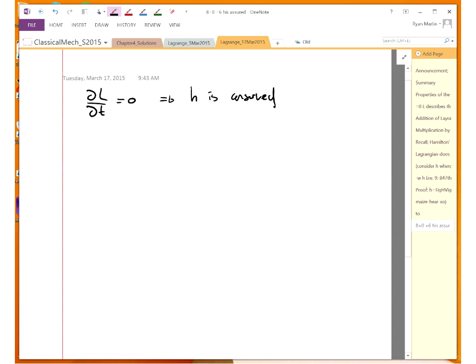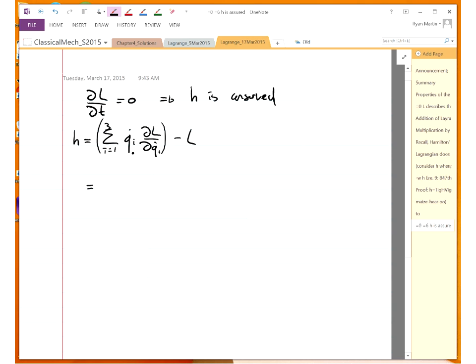So I could write H as T plus V, but let me just go ahead and write it out the long way. So H is the sum, i equals 1 to 3, q_i dot times ∂L/∂q_i dot, and then minus L. Alright, so I have to do the sum.